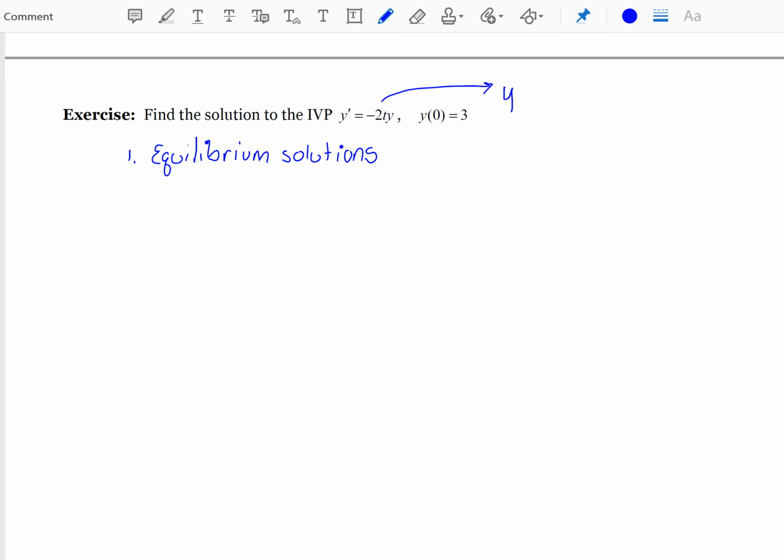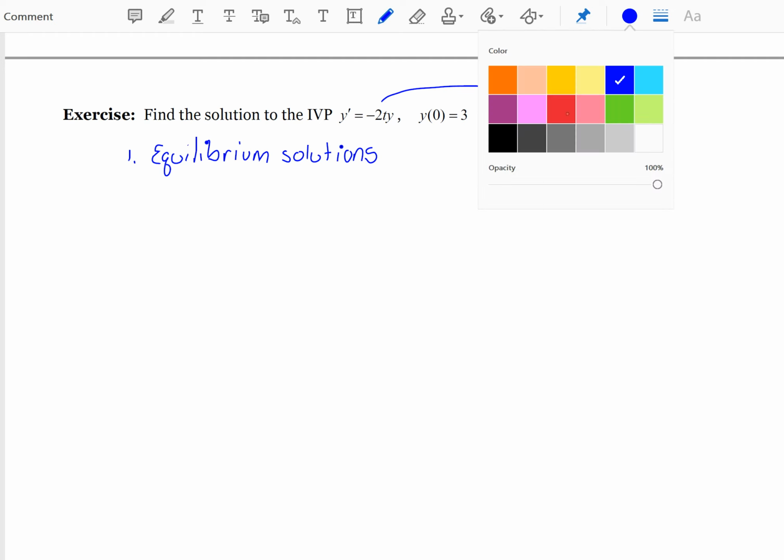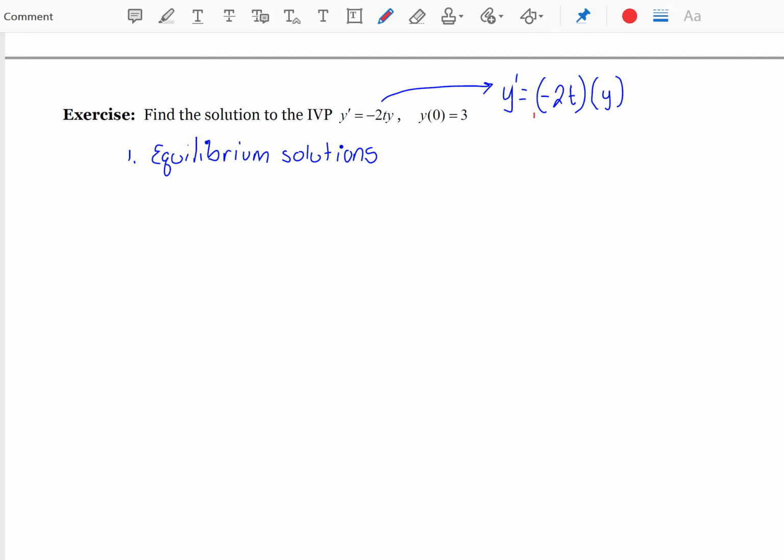So here, maybe you could think of y prime as negative 2t times y. And so explicitly written this way, this could be your function f of t. This is the function g of y that we are talking about.